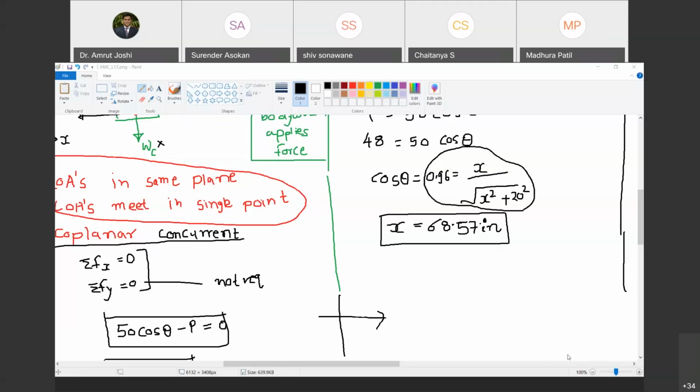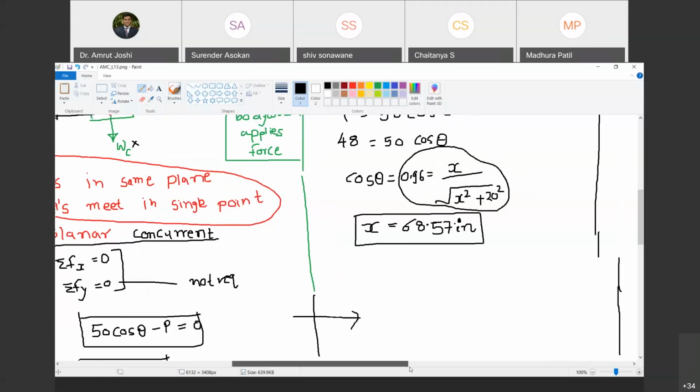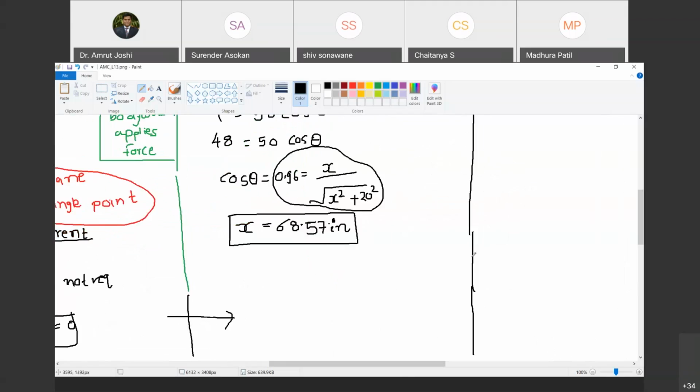Have you solved this? No, I'm still doing, sir. How are you solving? Sir, by taking the root term to the left side and squaring. No. You don't have to do all that. You have to type this equation as it is on the calculator. Sir, I don't have a scientific calculator. Okay. So make sure that you have it from next lecture.